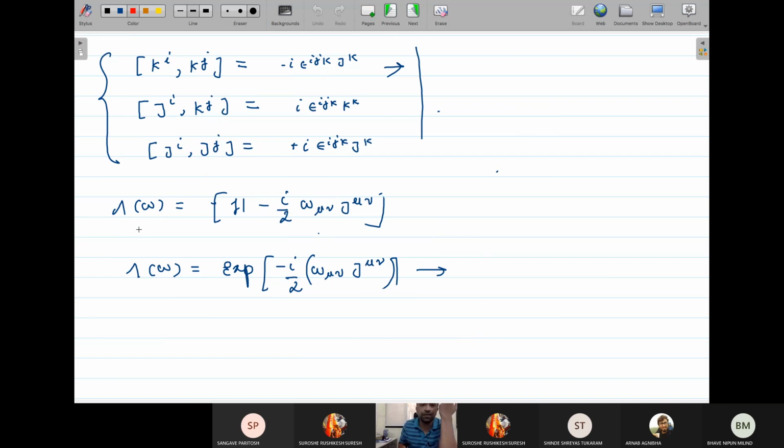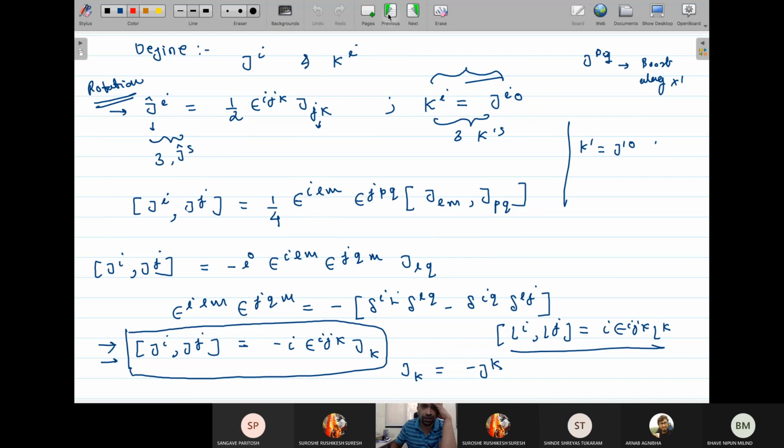So one can write down the given transformation in terms of a minimal set of quantities, and that minimal set is the generators. Maybe it's better if I go back.